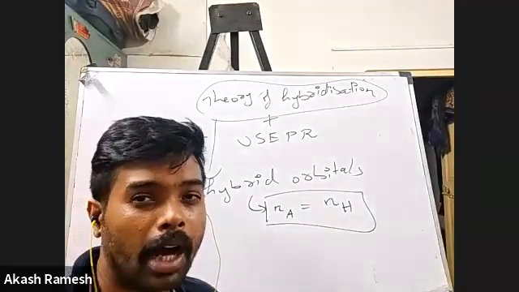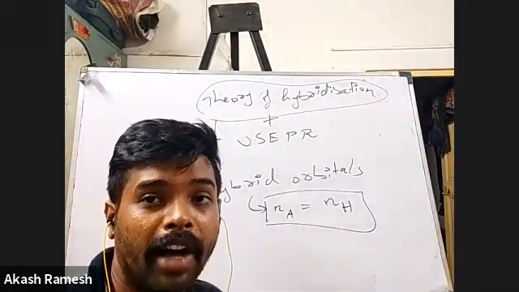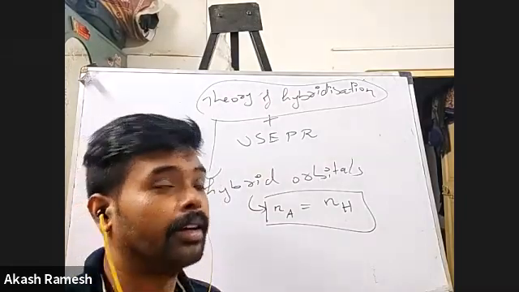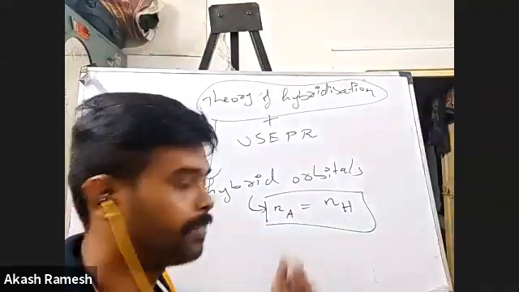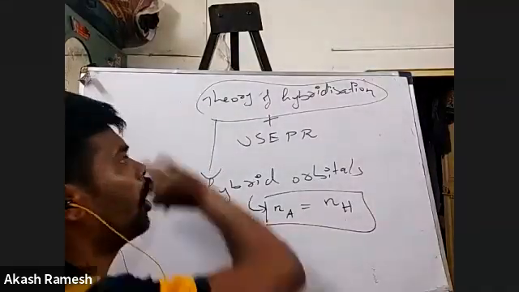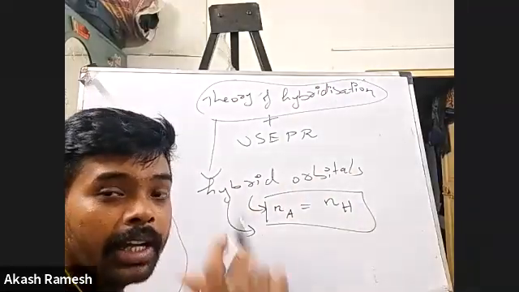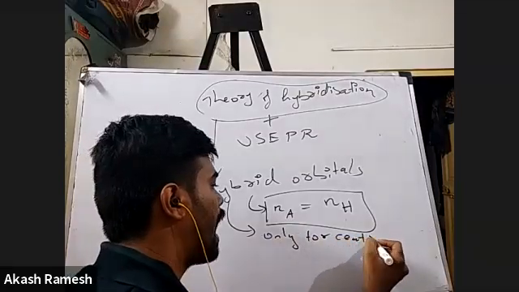Okay, cool. This is the first thing which you have to understand. The second thing is that all these things we are doing, the hybrid orbitals, these are only for the central atom.